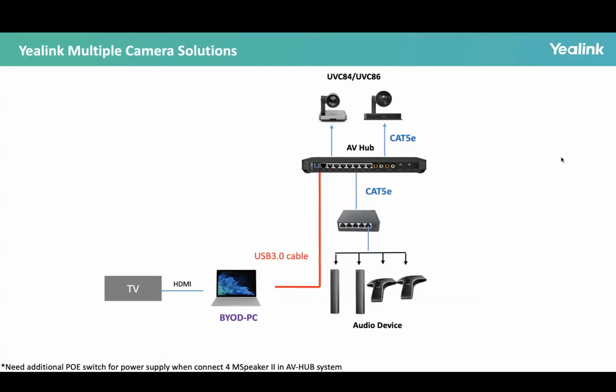The Yealink camera solutions are fairly simple. They're primarily all Yealink USB cameras, and the speakers and microphones are Cat6 based. Let's say you're using an 18-seater room, which is a large room. Everything can be connected to a PoE switch or to this AV hub.